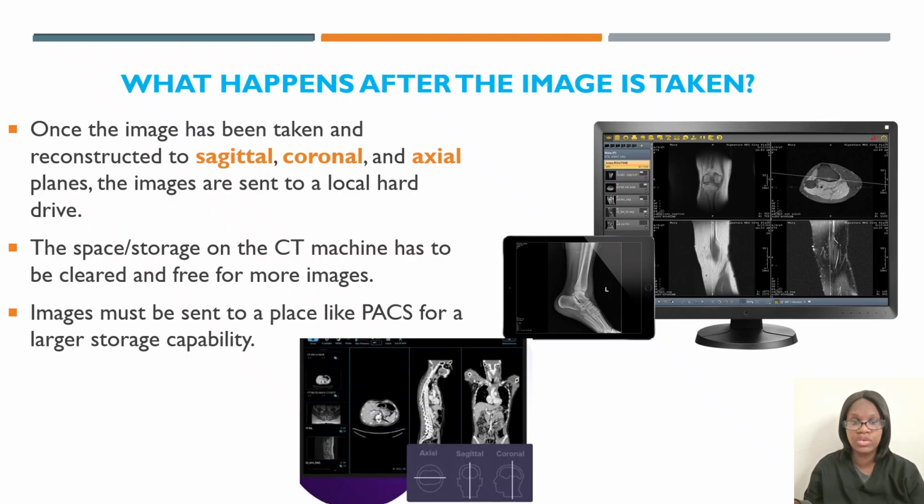So the space and storage on the CT machine does have to be cleared and free so that we can get more images on the CT machine, because if not, you can tell that it starts to slow down. And there have been times where I don't just go in and delete images because I'm PRN at a lot of places and I just travel to different places.